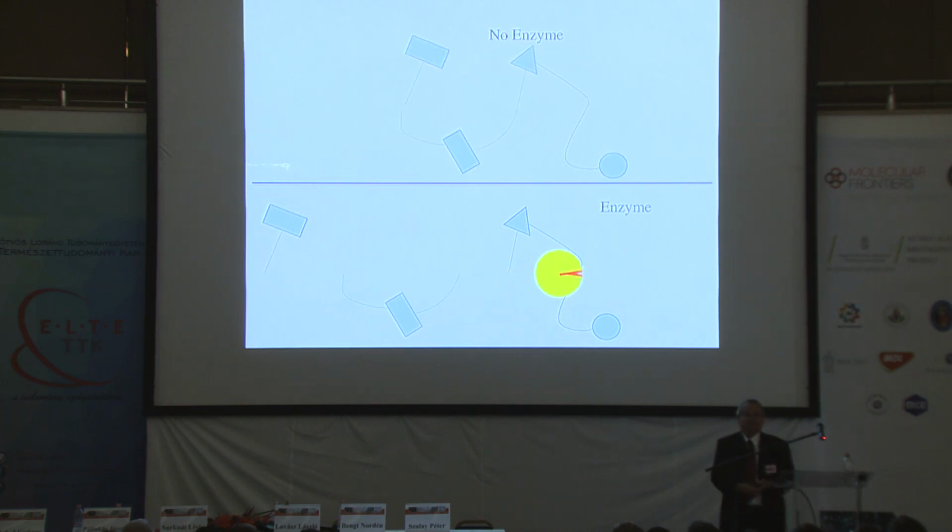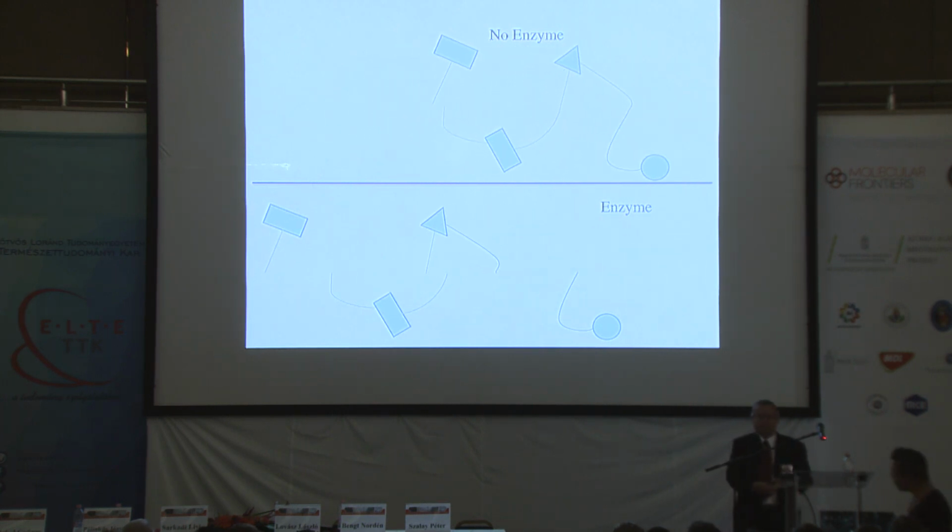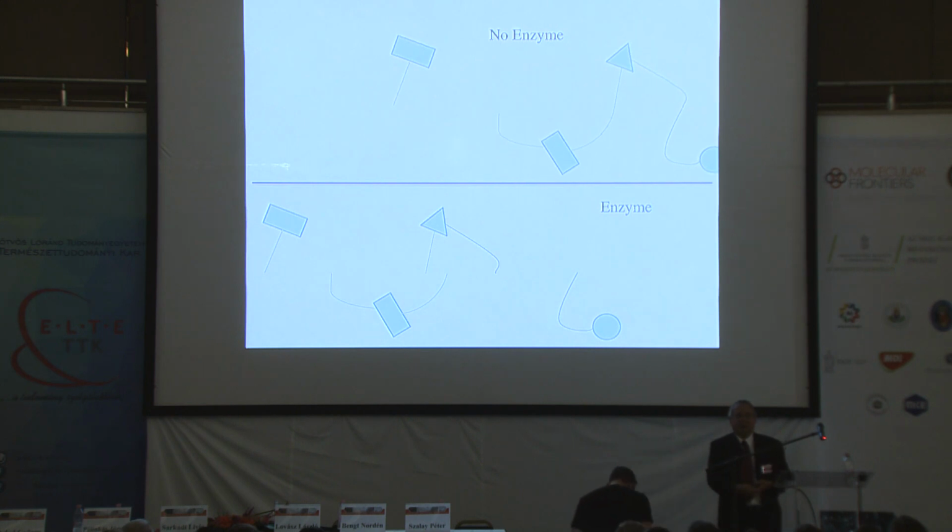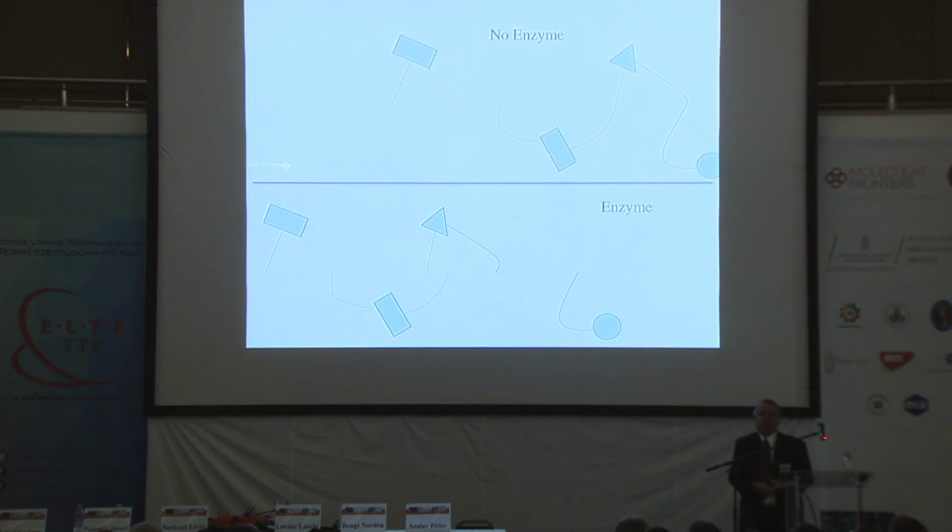So it does its stuff very fast. And we want to understand how this is happening, and maybe more importantly, why it's happening so rapidly. And we want to understand it based on the structure, which is given by either X-ray and sometimes NMR.